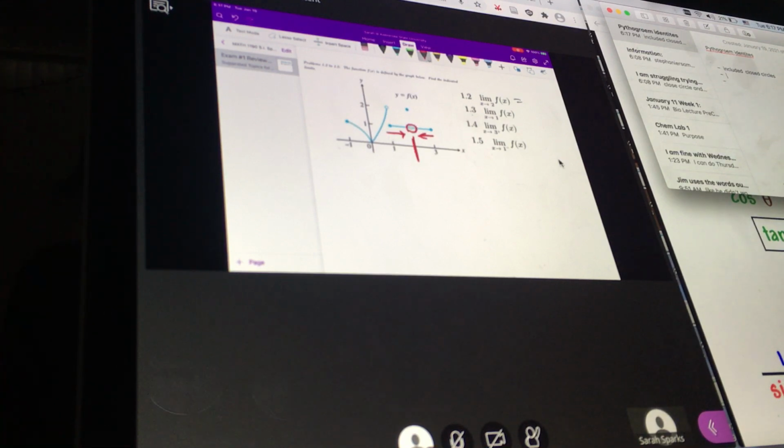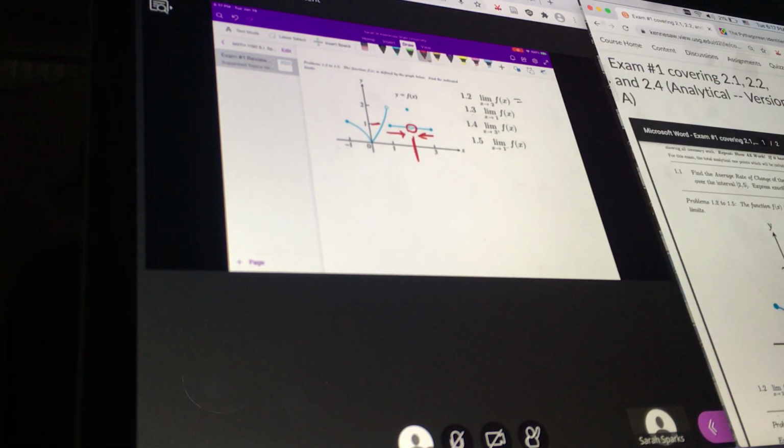Even though right here it's not included, you can still see that it's going towards 1, right? This up here is trying to trick you, because the function itself is not physically going towards 2, even though f of 2 equals 2. But since the function is physically going towards 1, that means the limit as x goes to 2 is going to be equal to 1.